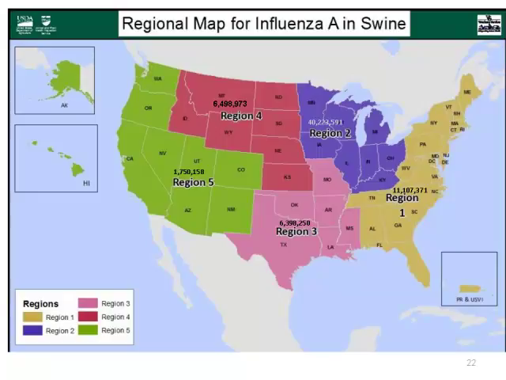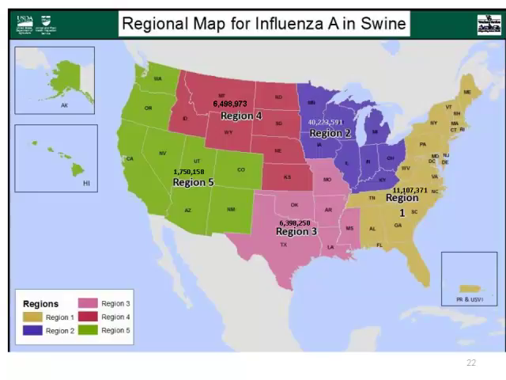So regions 2 and 1 are the 2 primary regions that contain most of the swine. This number here, 40 million swine, is located in region 2, and region 1 is 11 million swine. So remember that when I go to the next maps, and you'll see the disparity of why region 2 has so much more sampling and testing going on.